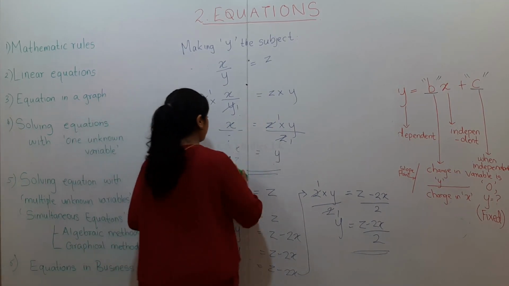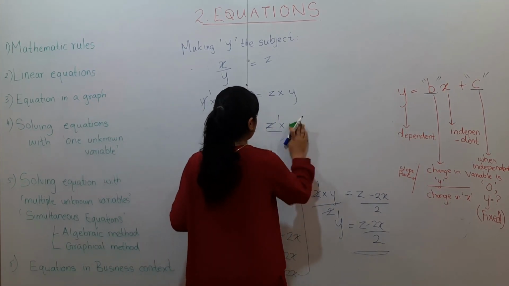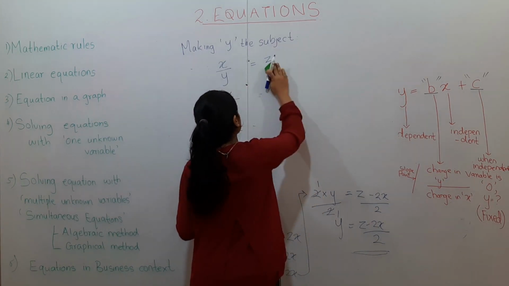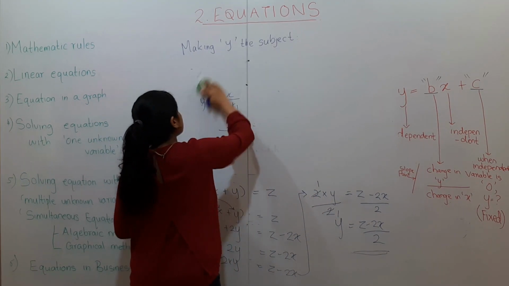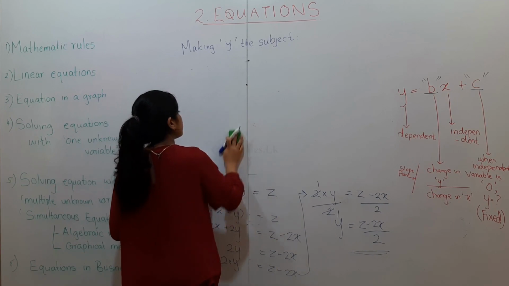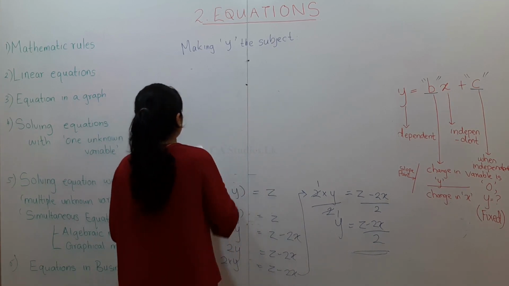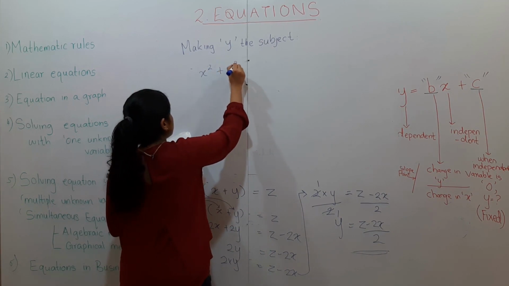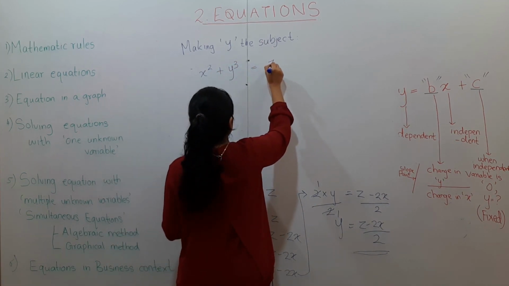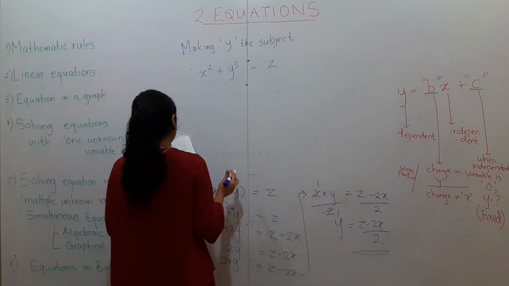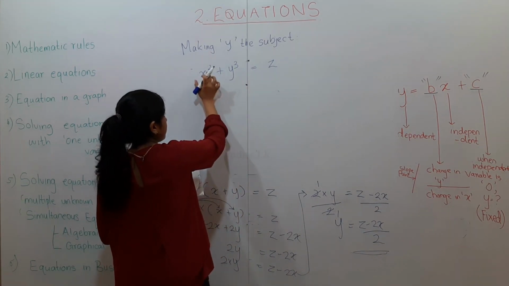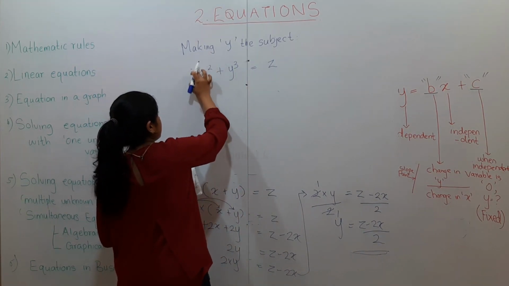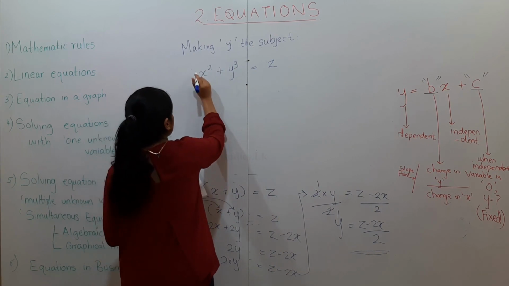And the last type is where we have power signs. x squared plus y cube equals z. We need y. We don't want this entire thing, so we have to cancel this off.